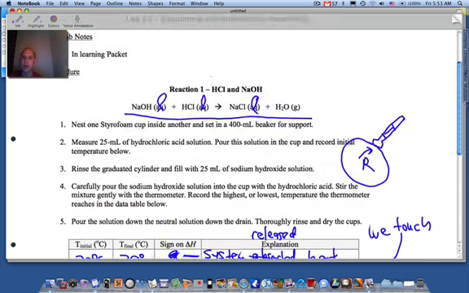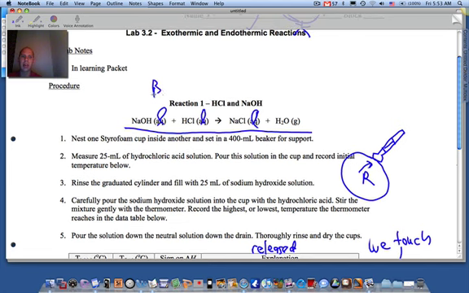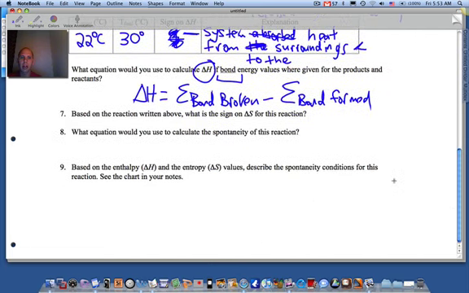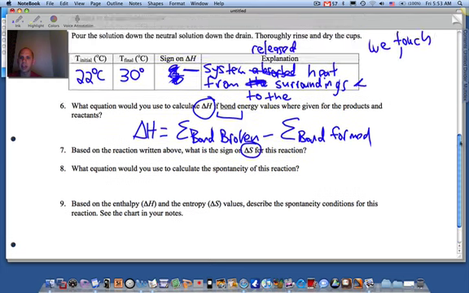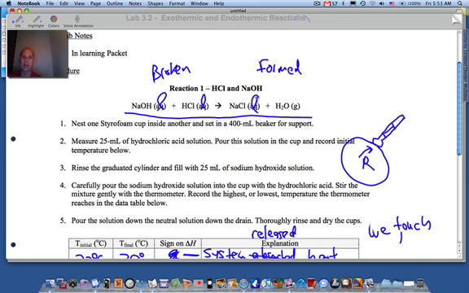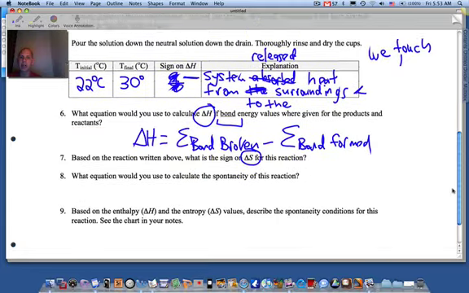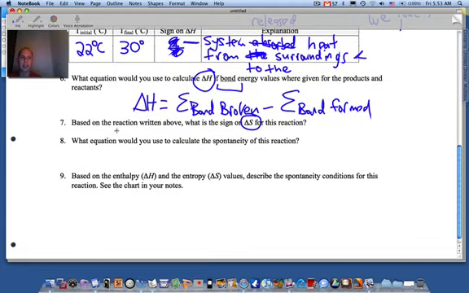And let's go up to this reaction and remind ourselves that the reactants are broken and the products are formed. Based on this reaction, what is the sign of delta S? Well, we're starting with liquids, and on this side we make a gas. The reaction increases in disorder, so the sign on delta S is positive.